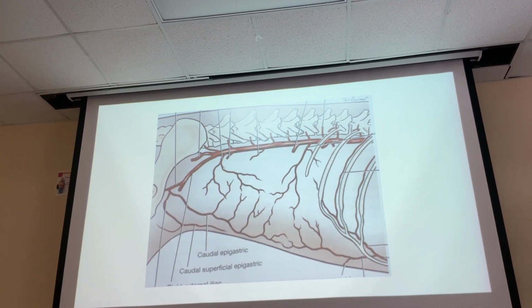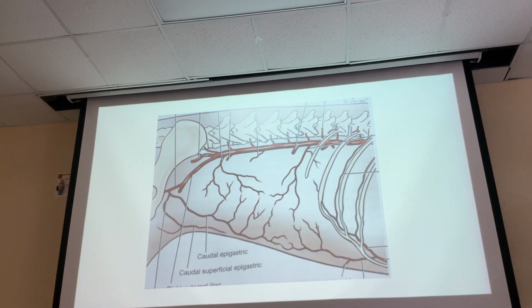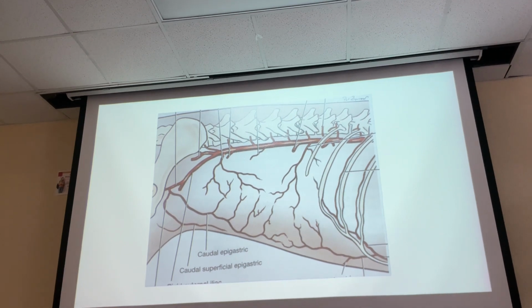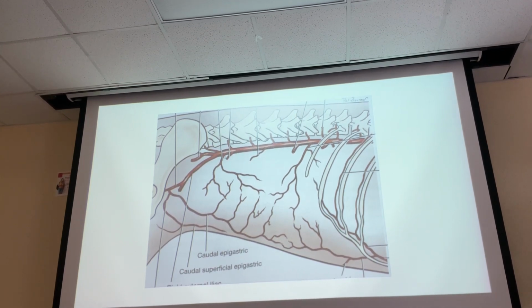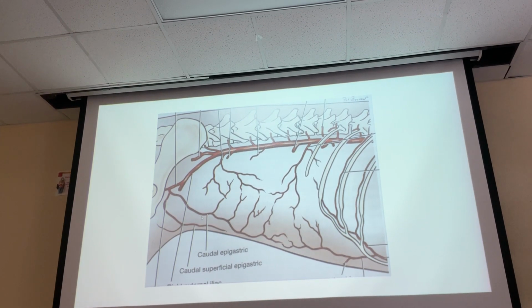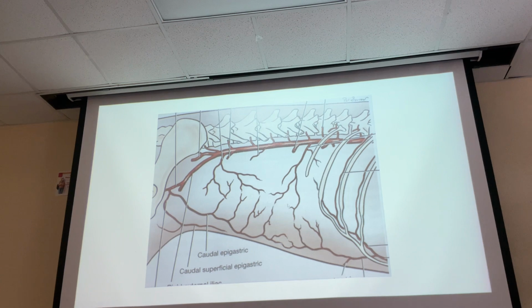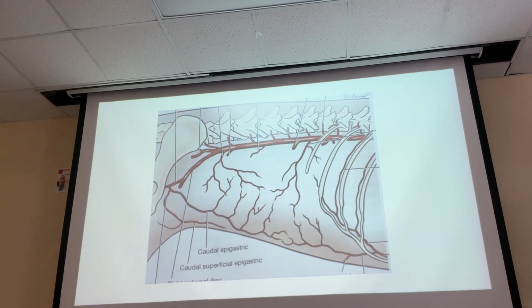Now, the caudal dorsal abdominal wall is supplied by the deep circumflex iliac artery, which is this one here. We have the craniodorsal part of the abdominal wall and the caudodorsal part of the abdominal wall.